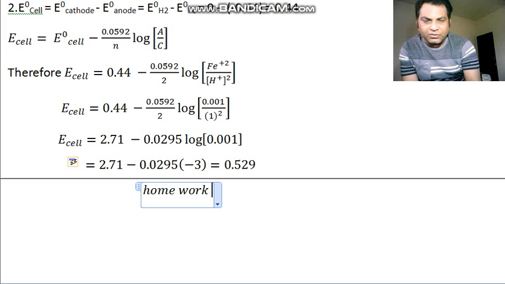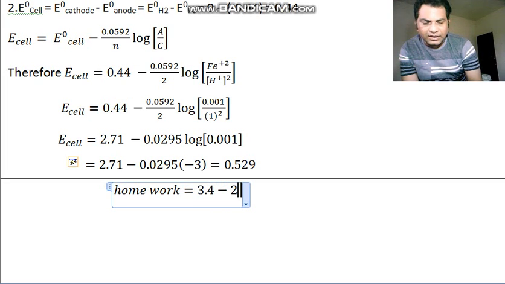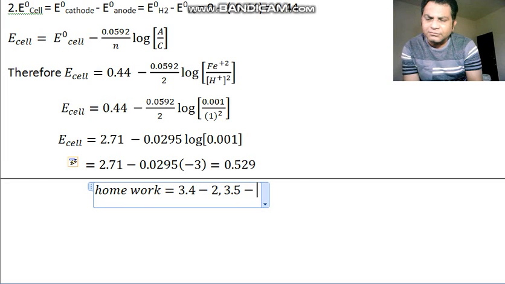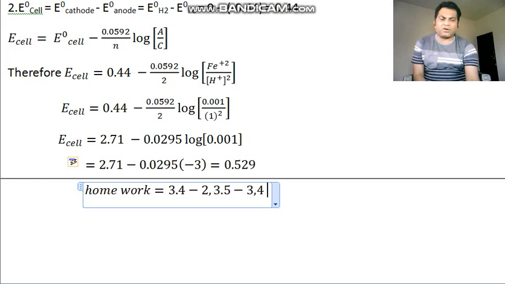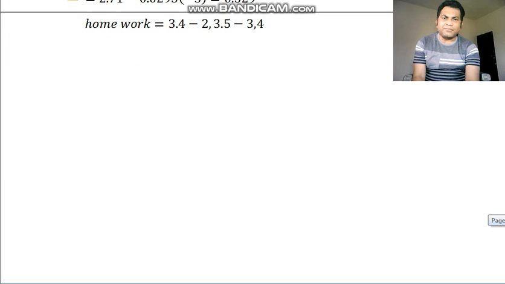So 3.4 question no second, okay, and 3.5 question ના તમારે કરવાના છે, 3 and 4. So total these are your homework. So hope that you understand this and you will perform. Homework is my thinking and you will do this.